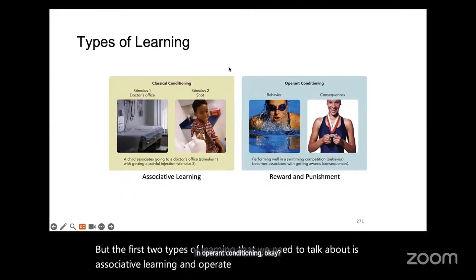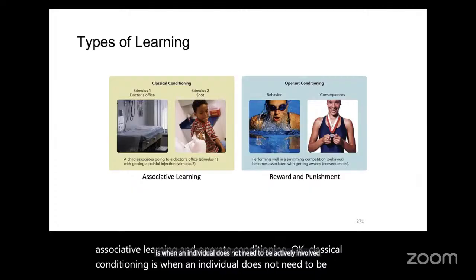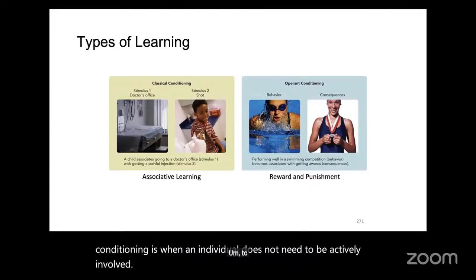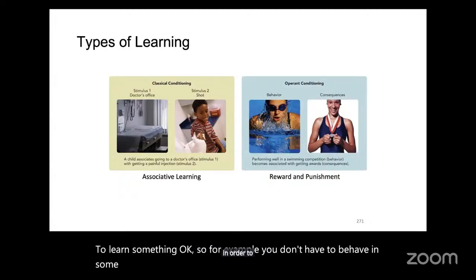Okay. Classical conditioning is when an individual does not need to be actively involved to learn something. So for example, you don't have to behave in some way in order to learn what that means.